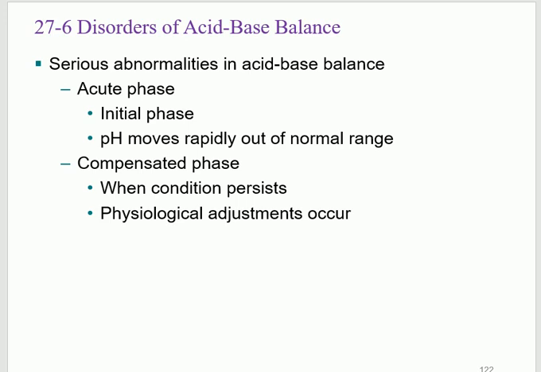What does that mean? In the very beginning, there is a major change that happened. It was 7.35, now it's 7.2. This is the acute phase. Acute means you didn't give enough time to your body to work and fix it. It's not fixed yet. Are we following or not?